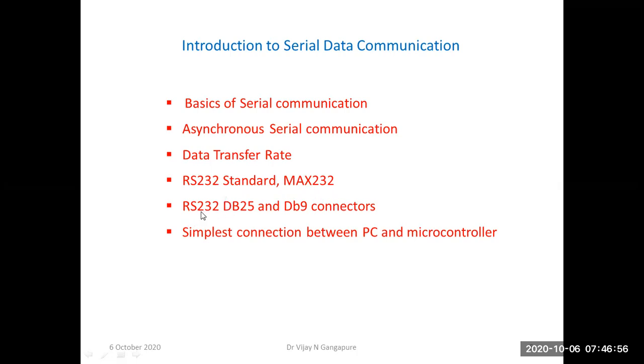Then we will study various types of connectors available in the RS-232 standard, like DB25 and DB9 connectors. And then we will see the simplest connection possible between a personal computer's serial port and the microcontroller serial port.